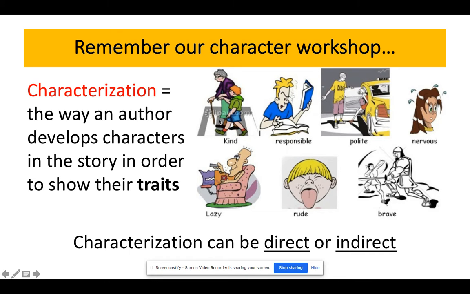I would just say how it is. If I were doing indirect characterization, I would more show what's happening. So instead of saying the boy is kind, I would say, the boy is helping an old lady across the street. And maybe she's blind, I don't know. But we can make an inference that he's kind without us saying it.